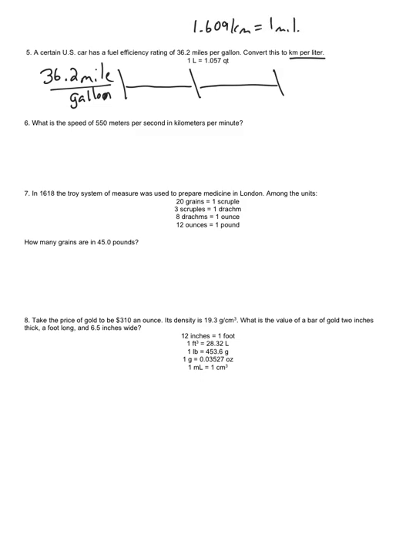Okay, so we have 36.2 miles per gallon. So whenever we have a per quantity, I'd want to write it as 1 unit over the other. Now I'm trying to convert this into kilometers per liter. Okay, so first of all, we have miles and kilometers. And on the previous page, it said there's 1.609 kilometers in 1 mile.